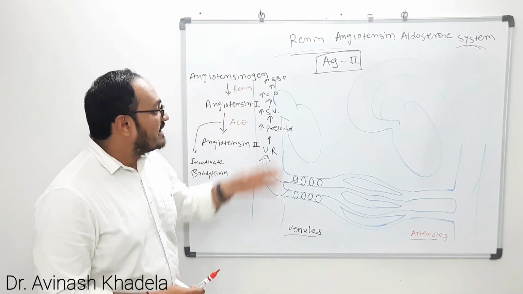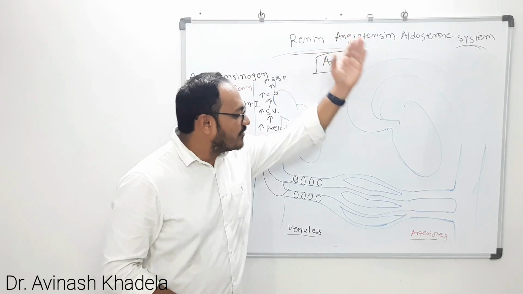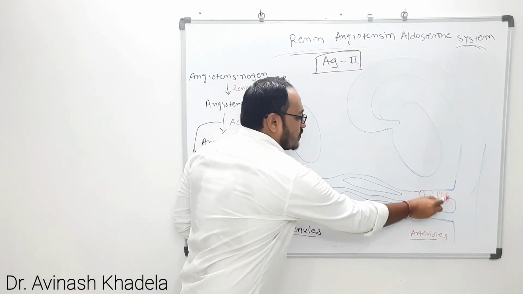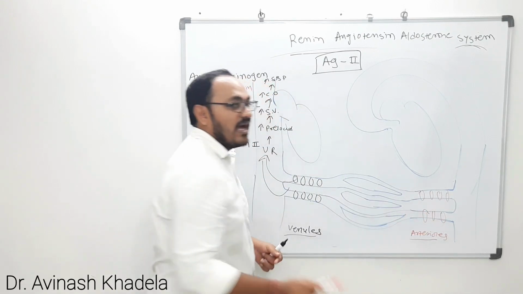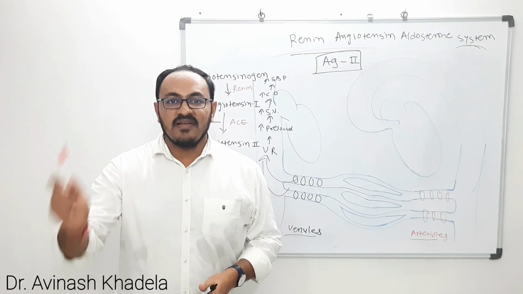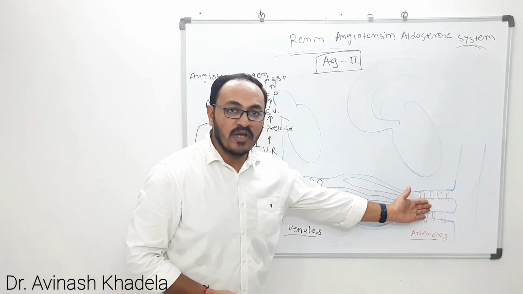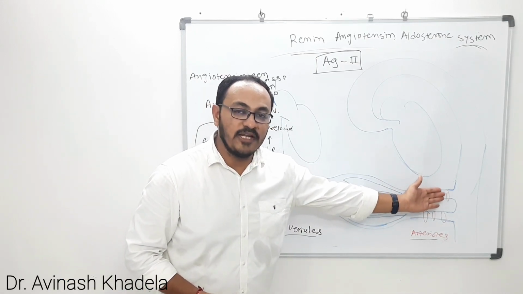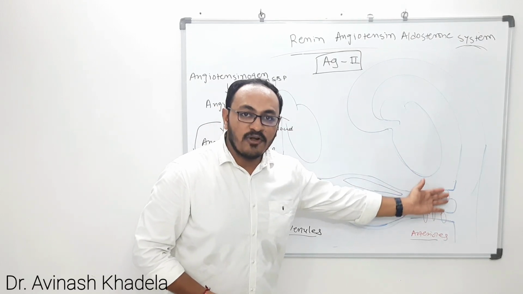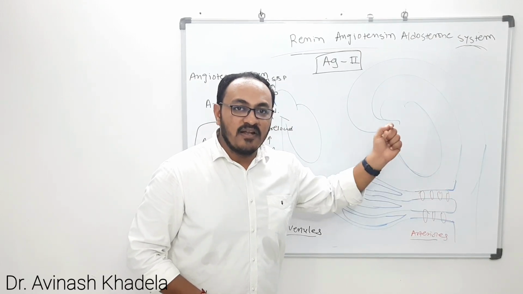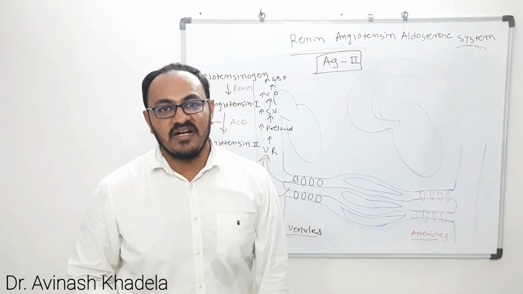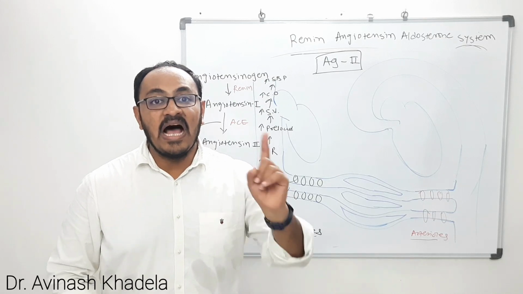Similarly, if this angiotensin 2 binds to the receptor present on the arterioles, it leads to arterioconstriction. If you have understood the concept of preload and afterload, then you can understand that arterioconstriction is increasing the resistance against the blood which is coming from the major systemic artery, and thus it is increasing afterload.